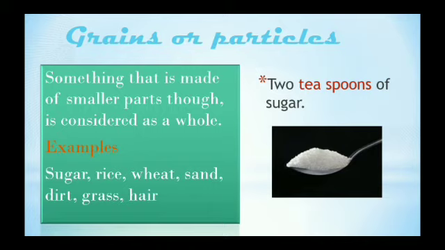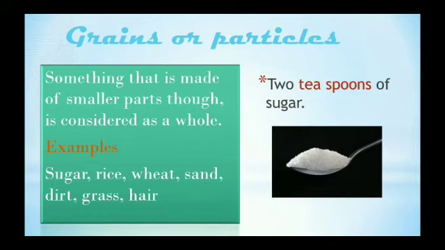The same with rice. Though there are many grains in it, we don't count those grains. We count the container. Glass of rice or plate full of rice. Wheat. The same thing, there are many grains, but we are not counting those grains.